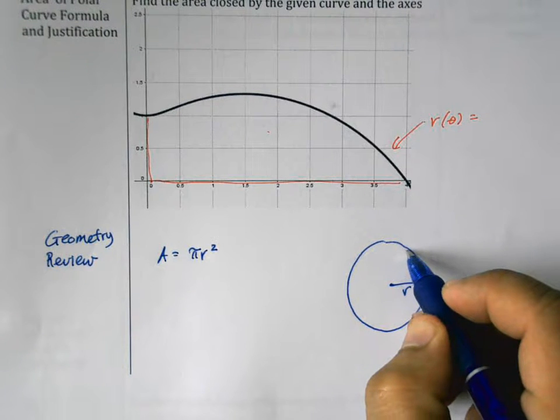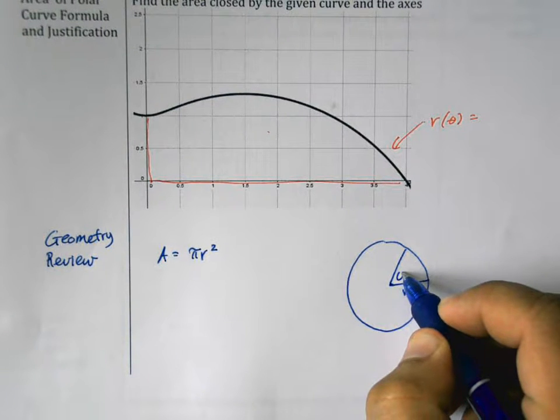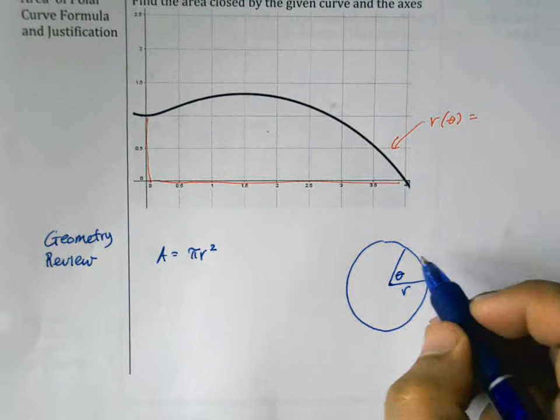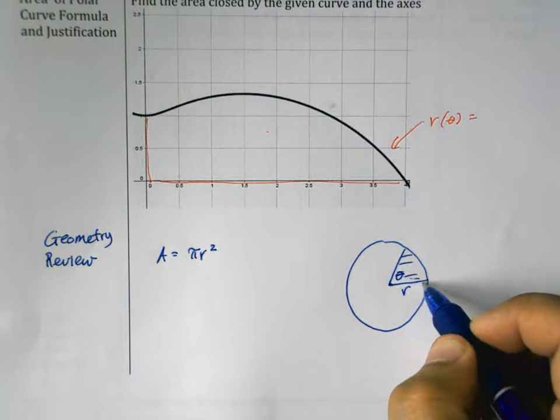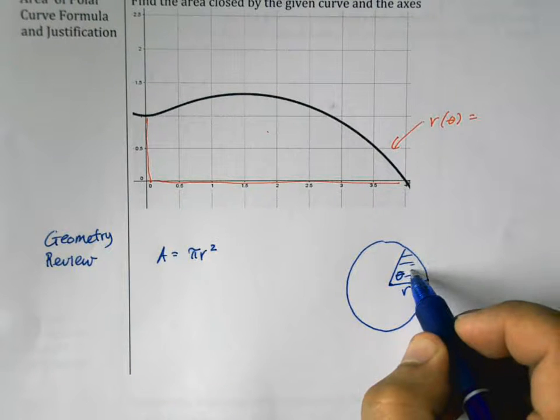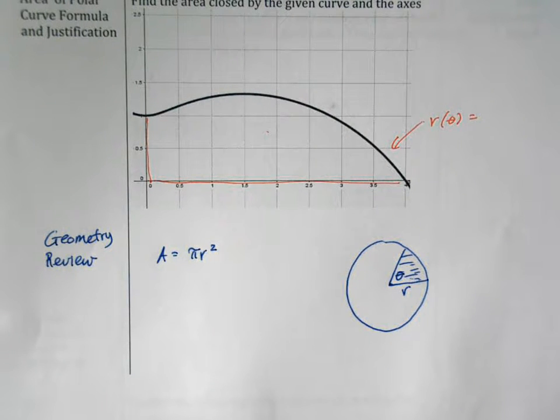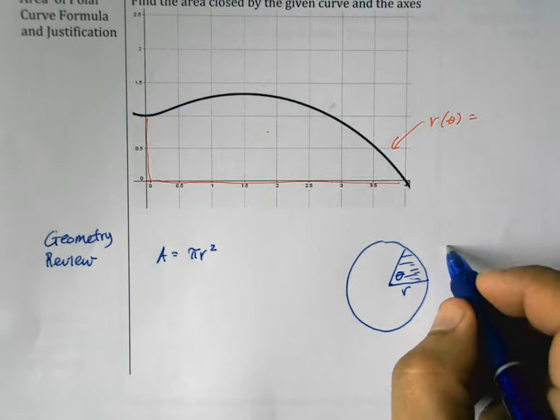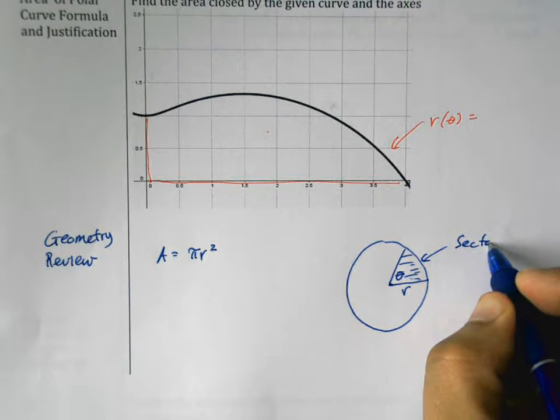Now, what about the area of a sector? So let's say I form a central angle here, and then I want to know what is the area of this piece of pie slice right here. So we'll call this a sector.